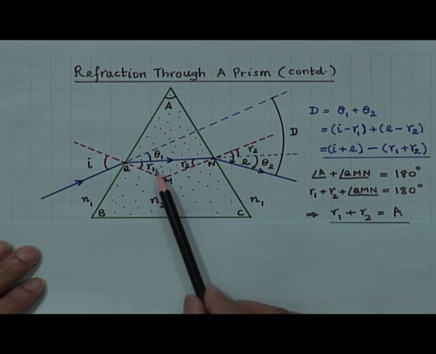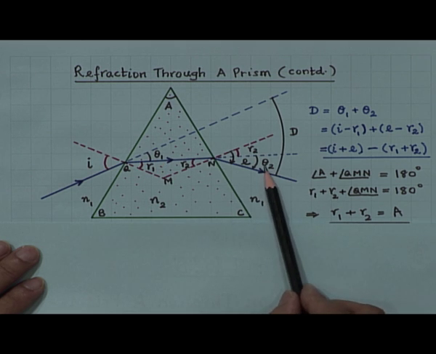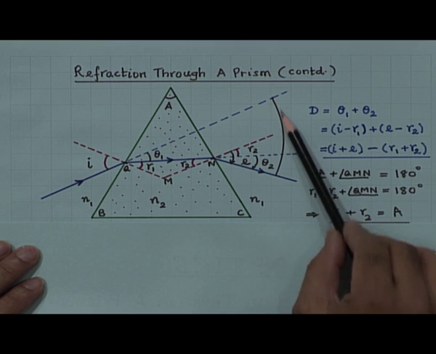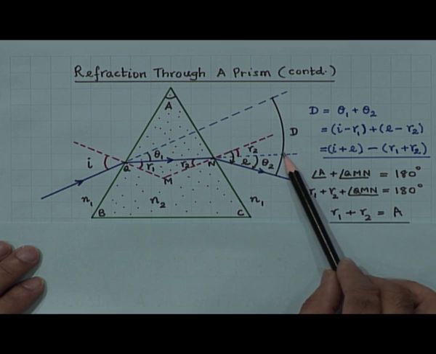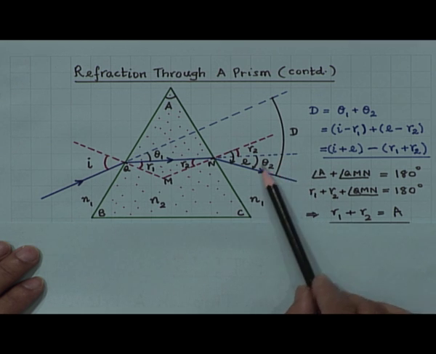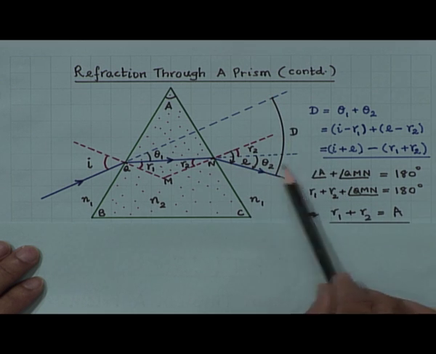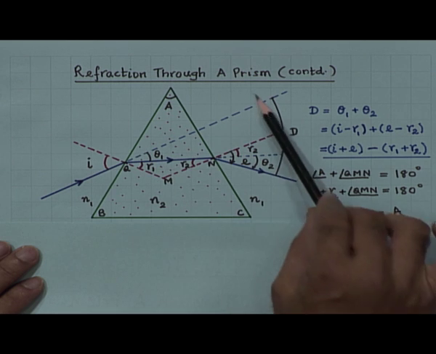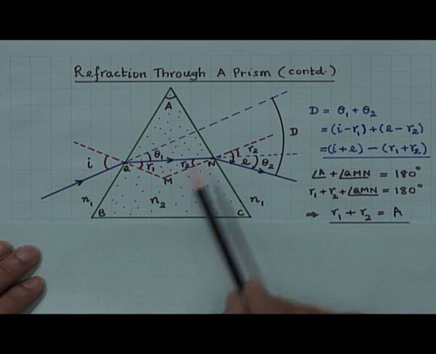What we can see here is angle theta 1 plus angle theta 2. The total angle of deviation d is the angle up to this and from here to here. From here to here it is theta 2, and here to here is what is shown as theta 1. So, d is equal to theta 1 plus theta 2 in this diagram.